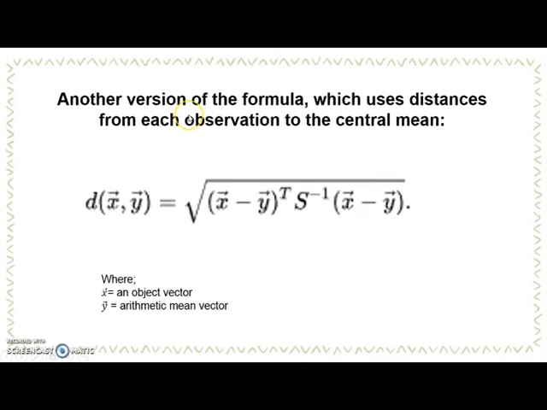There is another version of the formula which uses the distance from each observation to the central mean. In this formula, X indicates an object vector, while Y indicates the arithmetic mean vector. Mahalanobis distance is preserved under full rank linear transformation of the space spanned by the data.